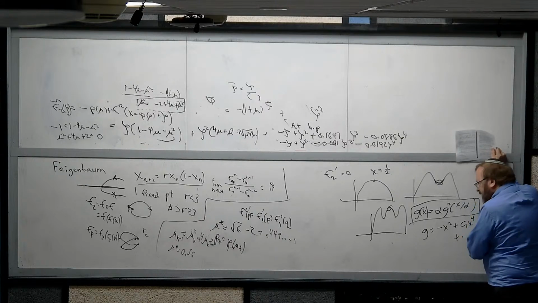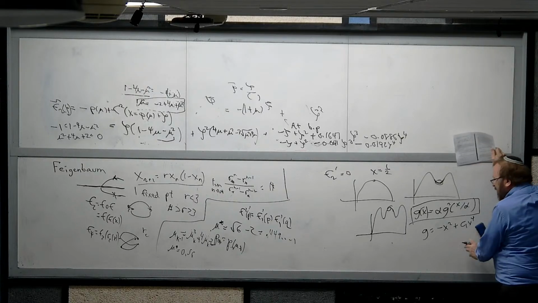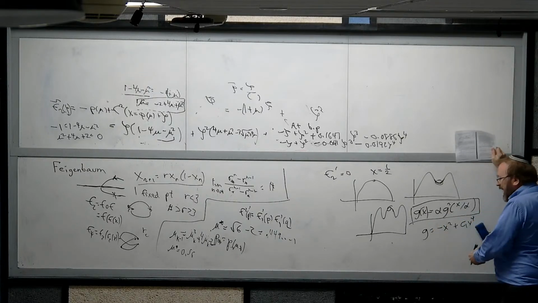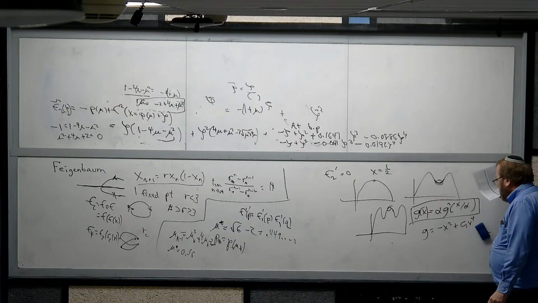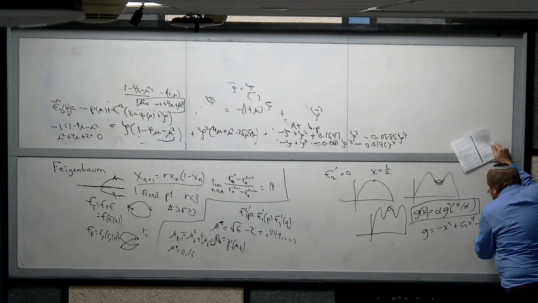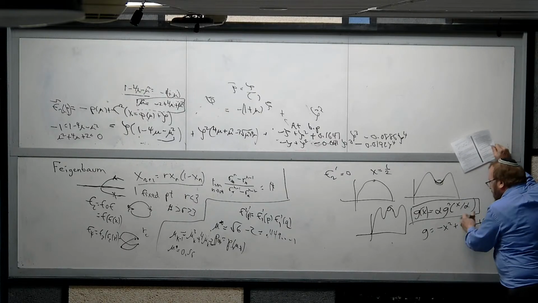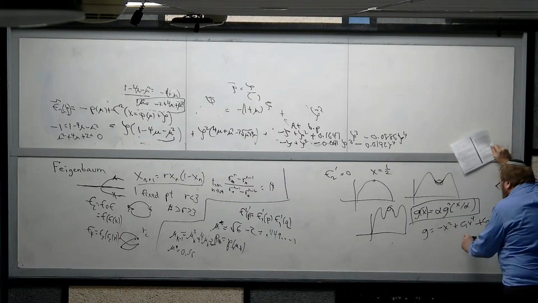So what he did is, okay, let's cut it off here, plug this in, and make it true to 4th order, and you can find C1. And then you plug this in and find C1 and C2.